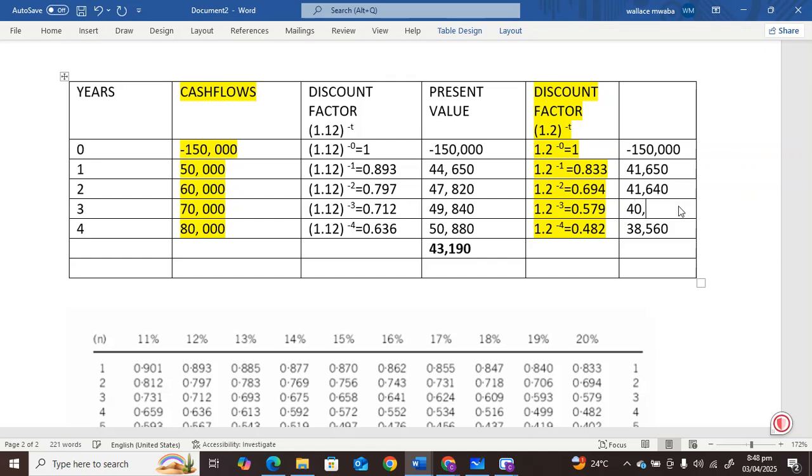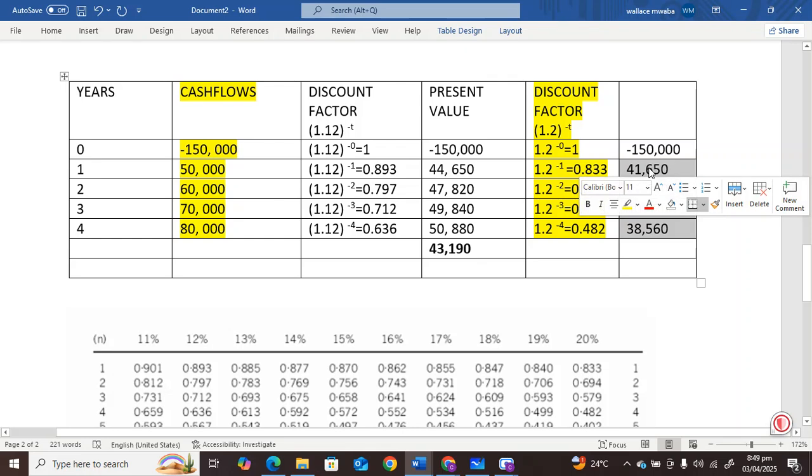Okay. So this one, I think we need to increase the discount factor because we can already estimate 40, 40, 40. This is 120. 120 plus 30 is above 150. So we need to still increase our discount factor, because we'll still get a positive net present value.